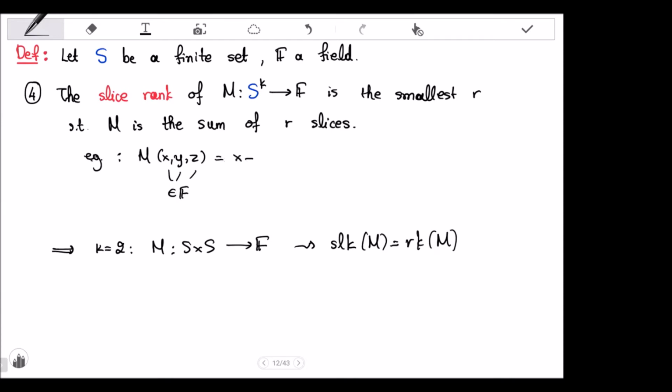And this is x plus y plus z in F. Then the slice rank is what? Well, I see that I have one slice here, that's x times 1, so decouple the variable x. And I have another slice here, because it doesn't contain the variable x that has been decoupled. So this has slice rank 2.